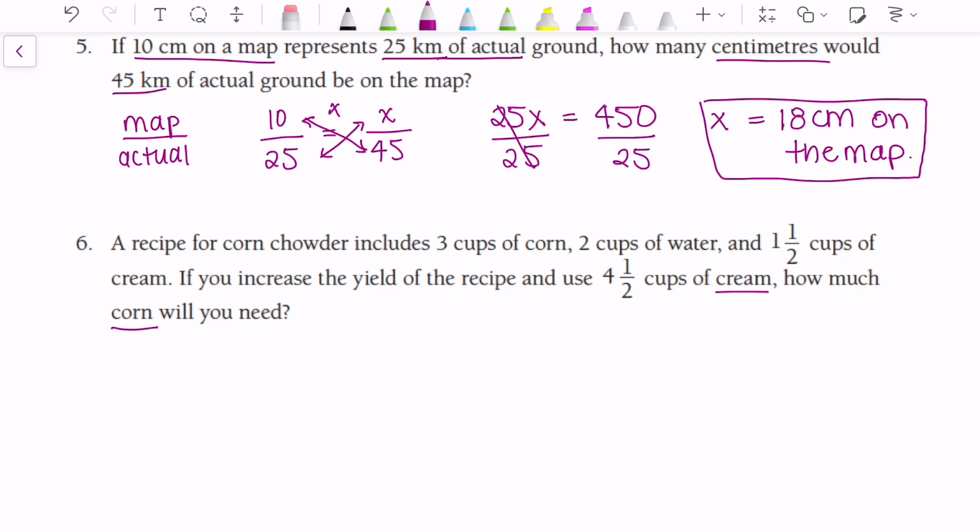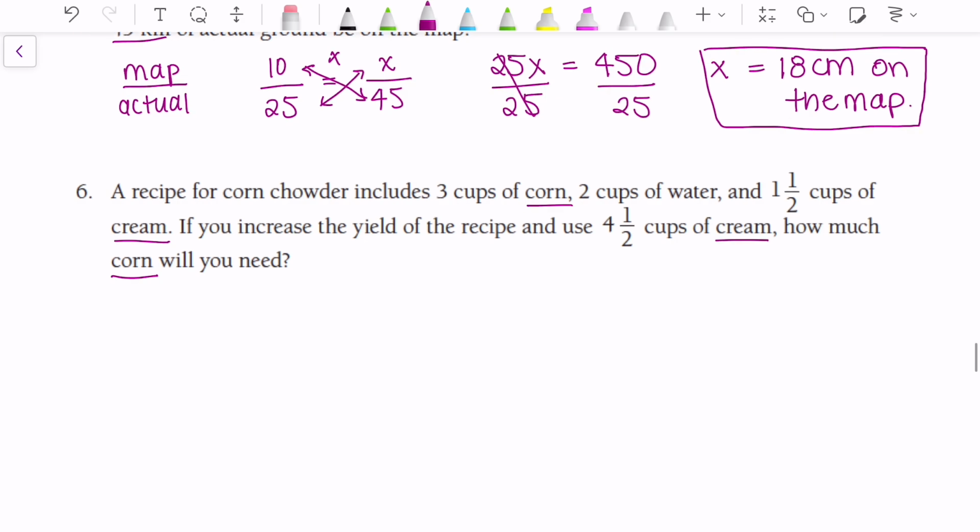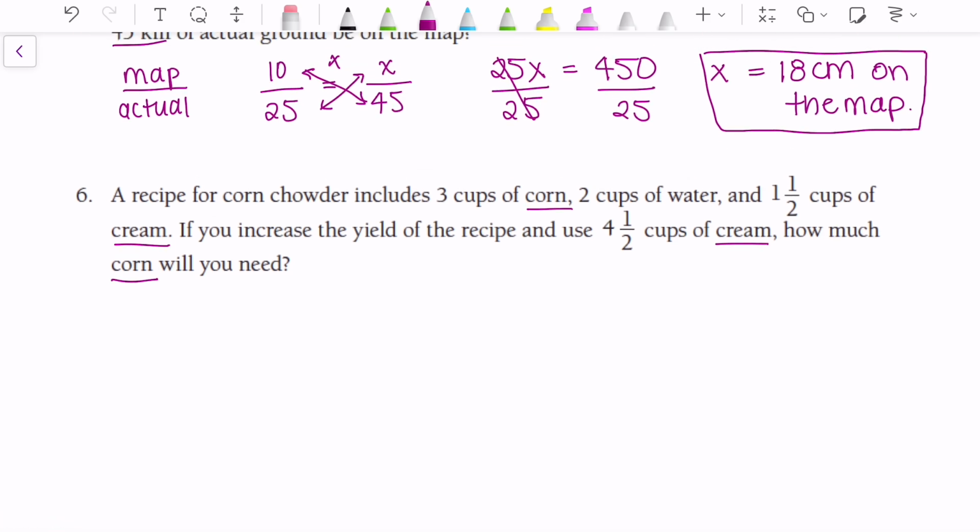So we need to deal with these two, because those are the things we need. The first situation is what we know we have to have for a ratio. So with corn and cream, you can see we have 3 to 1.5.